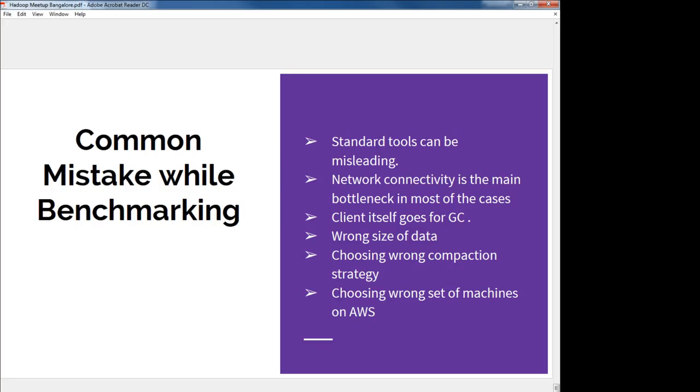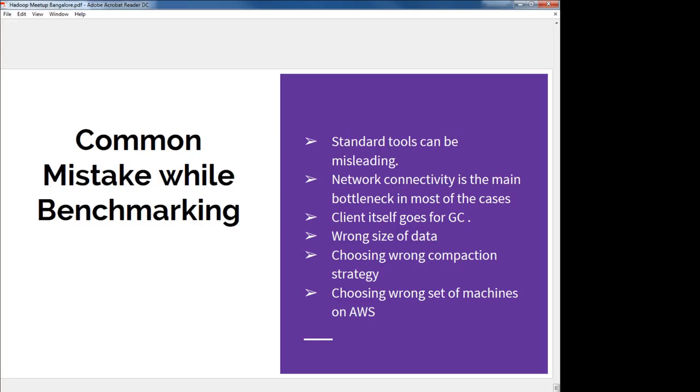The client itself can go into GC, which we observed when benchmarking using MapReduce. Wrong size of data: all the YCSB benchmarks have a very small payload, say in bytes, but your use case could be writing 100 KB every time. So choose the correct size of data and customize it in your own experiments.